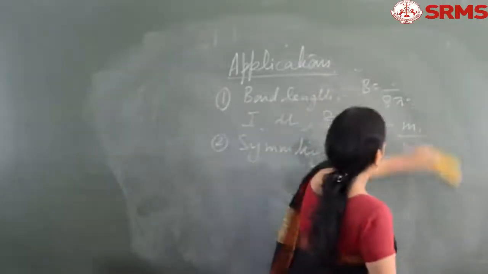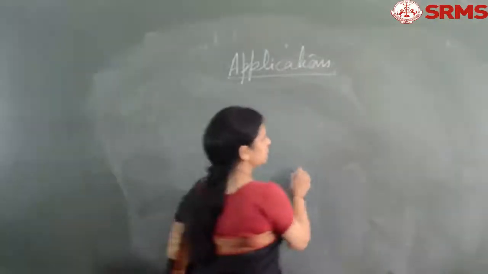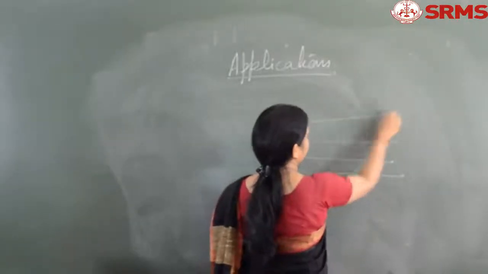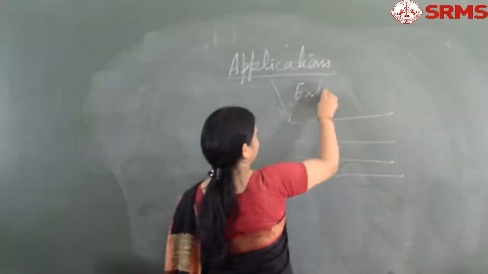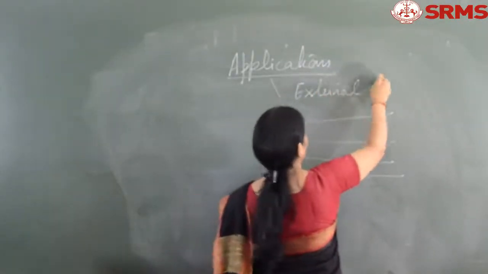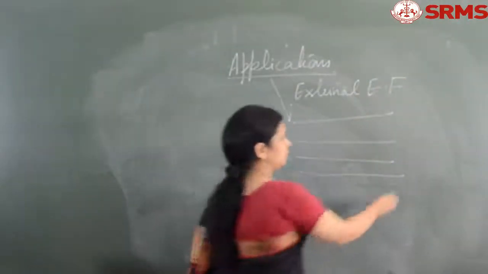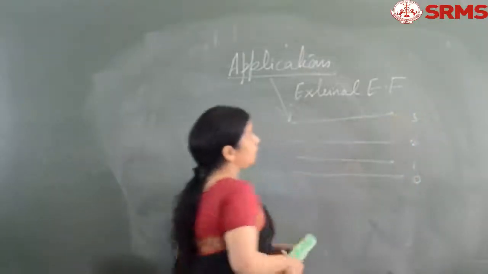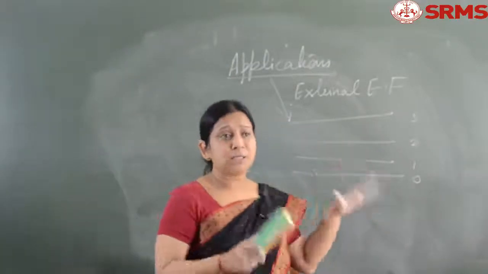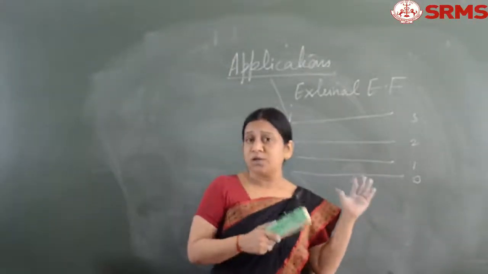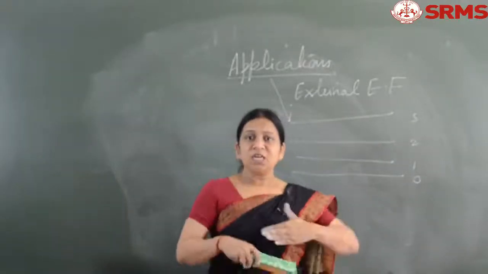The third application is, suppose these are rotational energy levels 0, 1, 2, 3. When an external electric field, not magnetic, falls on this, or we apply an external electric field on these rotational energy levels or on the diatomic molecules, then these energy levels split up.